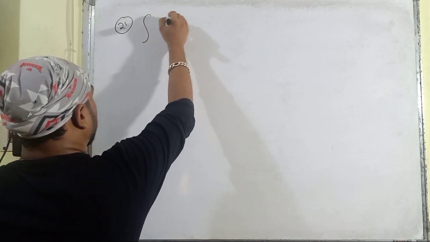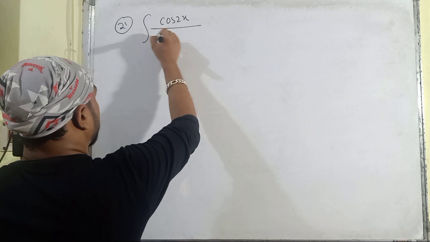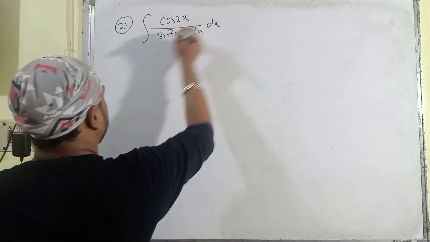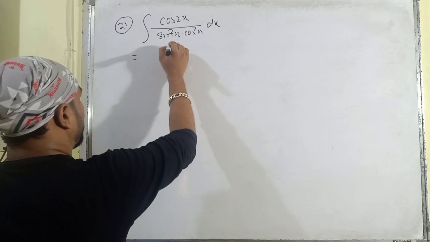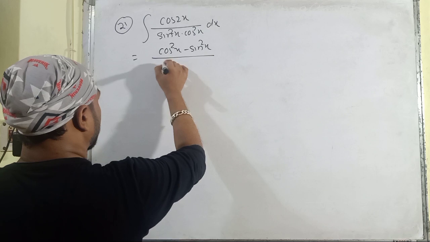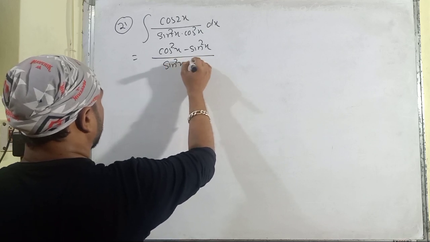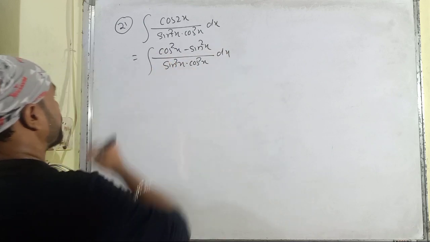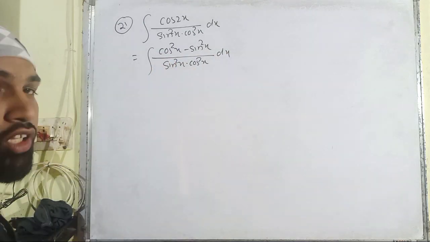Integral of cos 2x divided by sin square x into cos square x. In place of cos 2x, we can put here cos square x minus sin square x, which is the value of cos 2x. Again we have to separate these terms based upon the denominator.